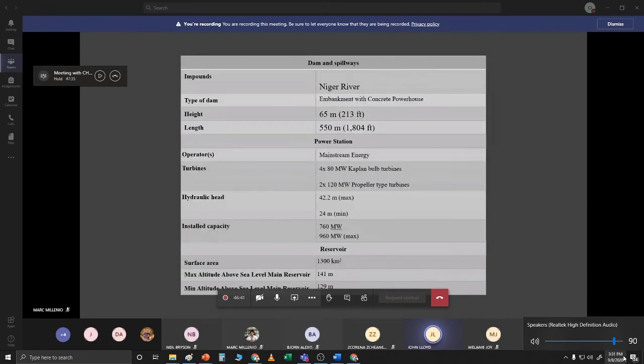The maximum hydraulic head is 42.2 meters with a minimum of 24 meters. The reservoir has a surface area of 1,300 square kilometers and the maximum altitude above sea level of the reservoir is 141 with a minimum of 129 meters.